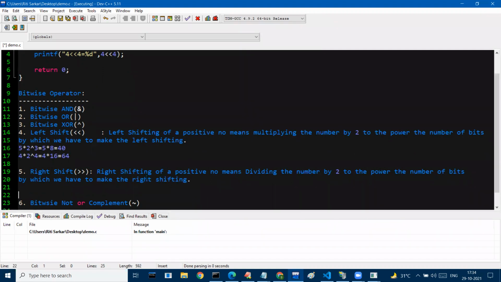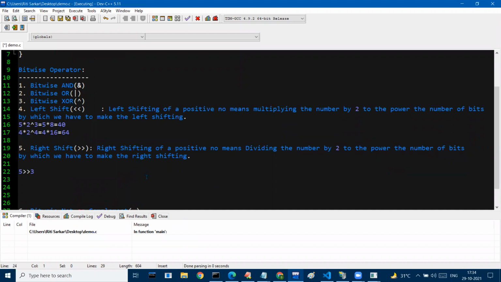Let's take an example to understand right shifting. Suppose you have 5 right shift by 3. What will be the answer?